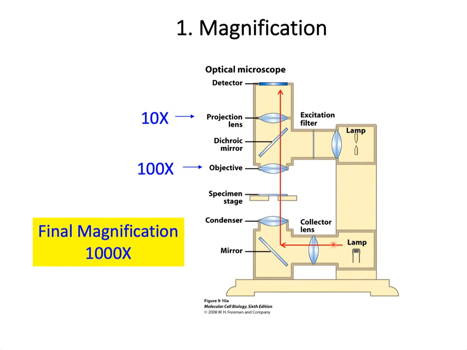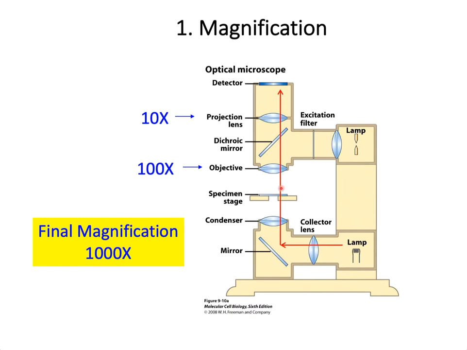There is a light source, a lamp, and a series of collector lenses, a mirror, and a condenser, which focus the light on the specimen. I want to mention here that specimens for light microscopy are usually mounted on clear glass or plastic slides or dishes, and they sit on a stage which is usually adjustable.